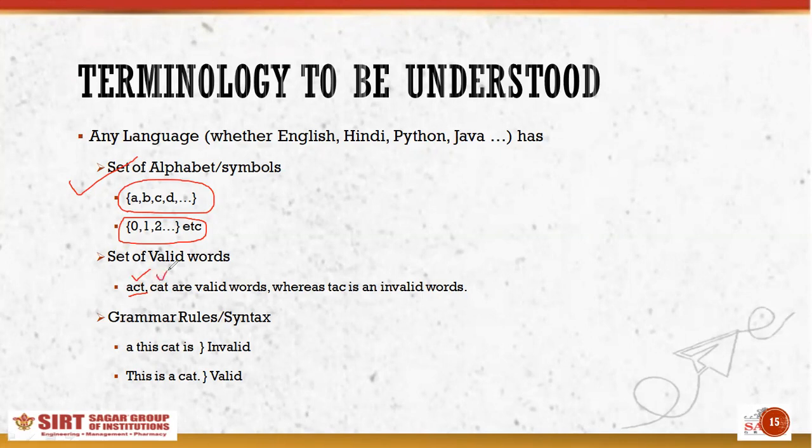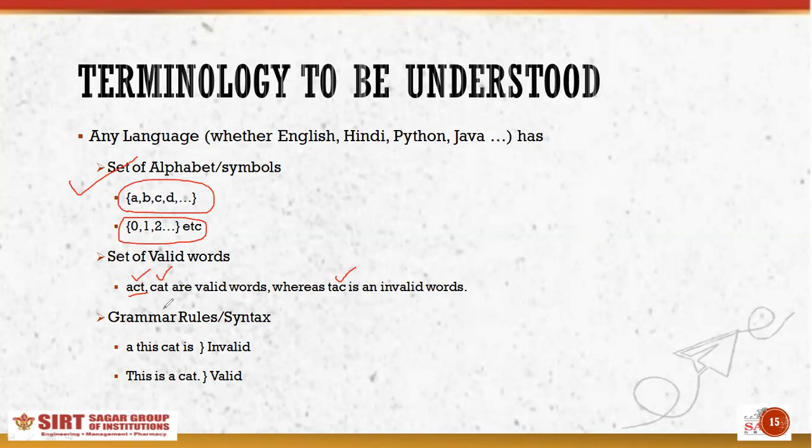If I write it like this, CAT, it also has some meaning in the dictionary. But if I write TAG, it doesn't have any meaning in the dictionary. So therefore, this is an invalid word for us. Similar is the case with other languages. If you arrange the alphabets in some order, it should have some meaning according to the dictionary of that language. So a set of valid words is required.